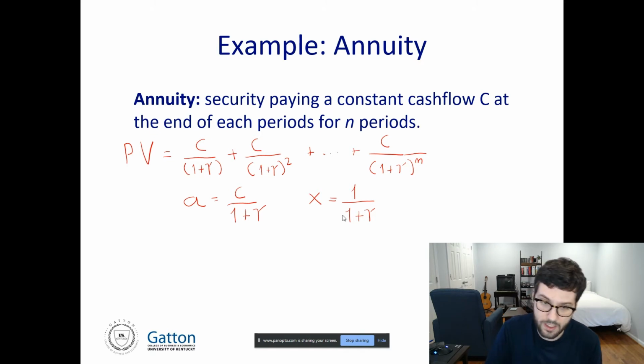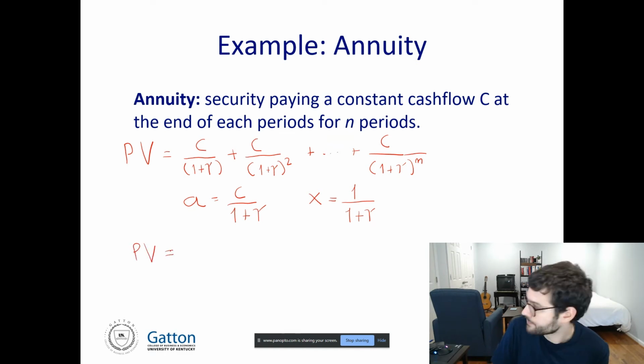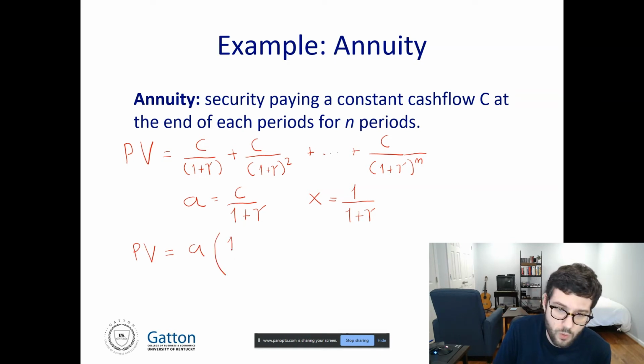Okay, and we know that the sum of the terms in this geometric progression will be given by A times 1 minus x to the power n over 1 minus x.